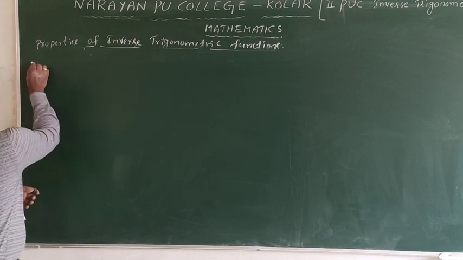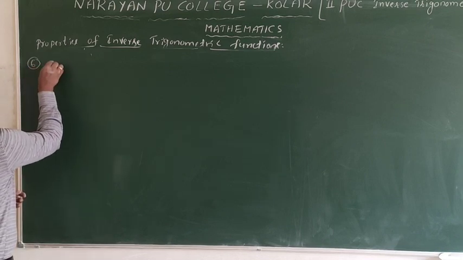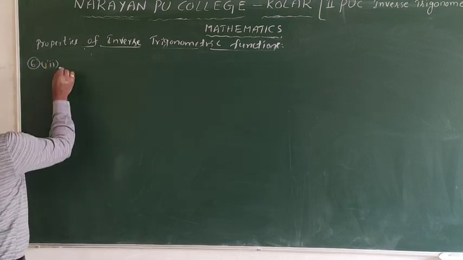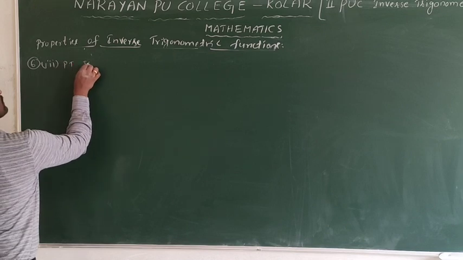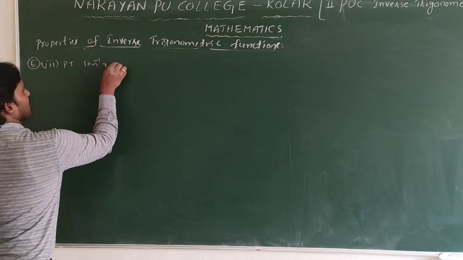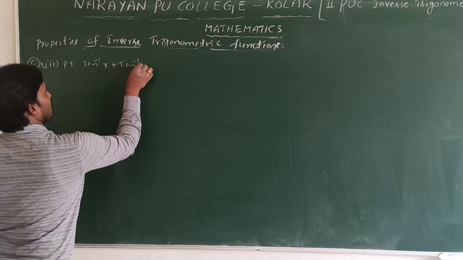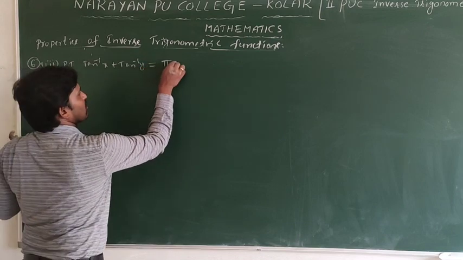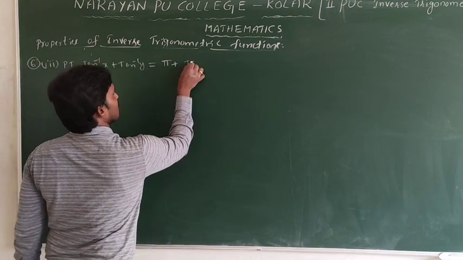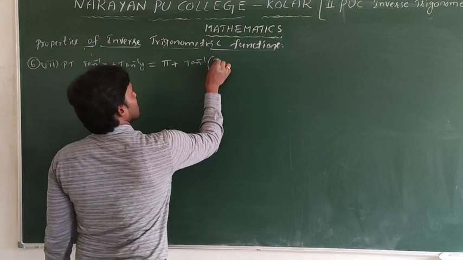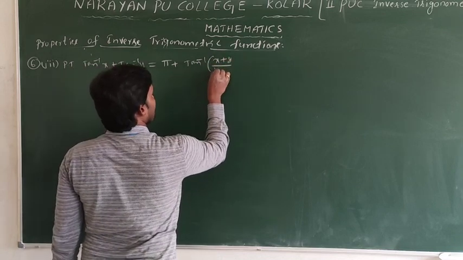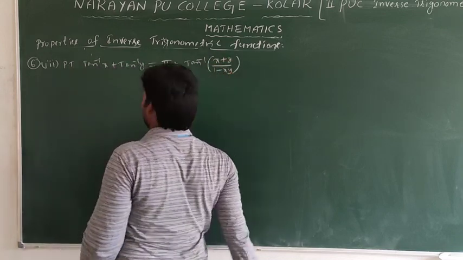Next, the third one. Prove that tan inverse x plus tan inverse y equals pi plus tan inverse of x plus y by 1 minus xy.